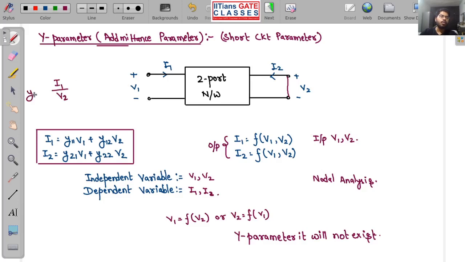This is a normal transfer admittance they are asking. But the moment I add the condition V1 equal to 0, it is no more a plain transfer admittance; it has become Y12, one of the Y parameters. This is conditional, but if I remove the condition, it is no more a conditional admittance; it is a normal transfer admittance they are asking you. So always remember this thing also.